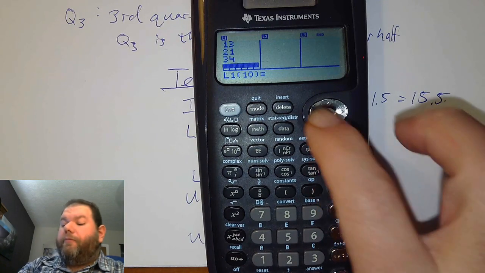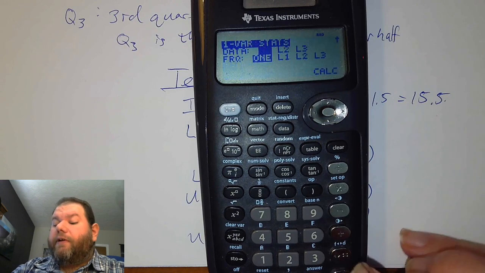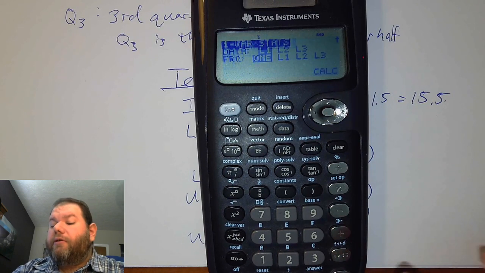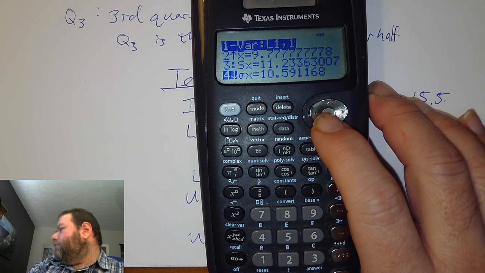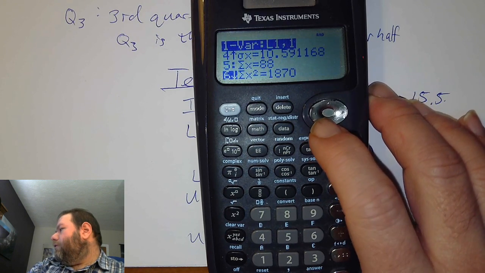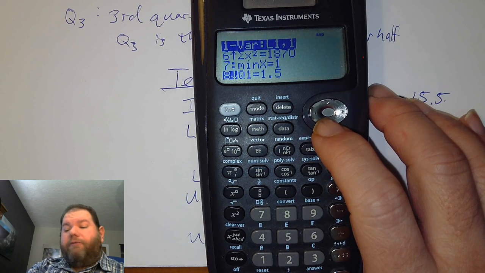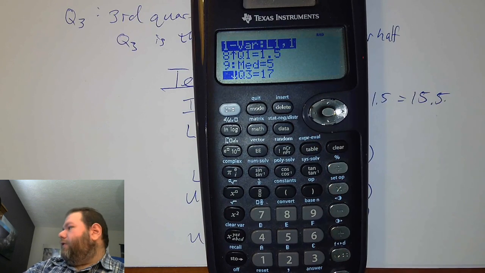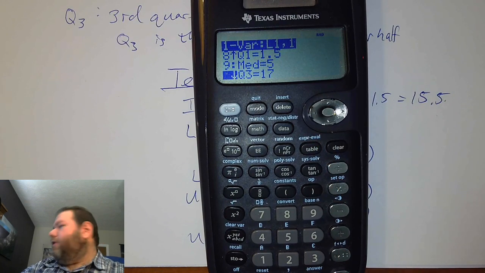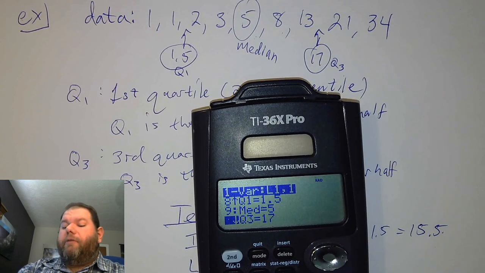Okay, then we go second stat, 1 var stats, 1. Okay, we see the Q1 is actually 1.5, as we said. Median is 5, and Q3 is 17. That agrees with everything that we said up here.